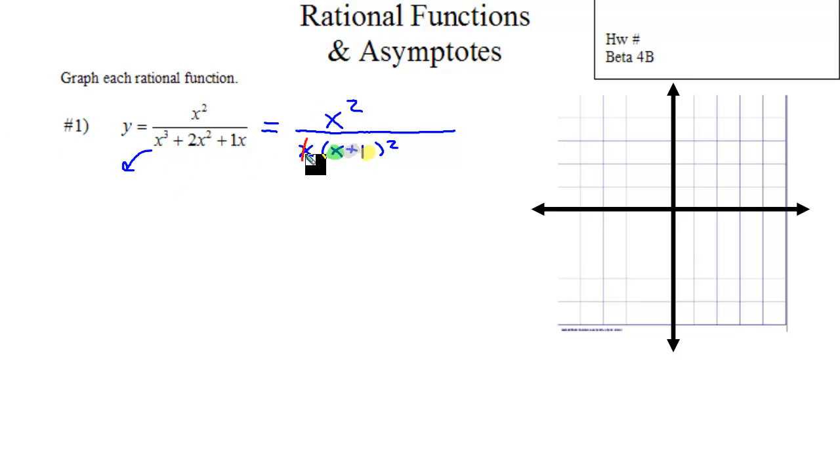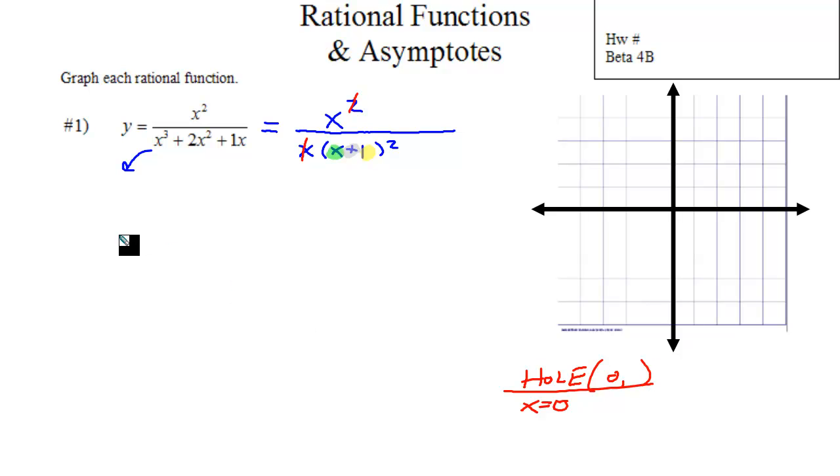As soon as you cancel something, automatically, someplace you need to write hole. You can have a hole in your graph when you cancel. Whatever you crossed off, set it equal to 0 and solve it. This is already solved. A hole has an x value and it has a y value.